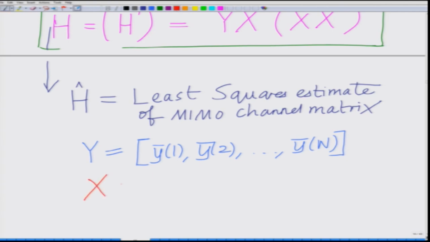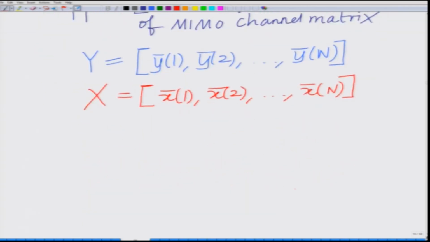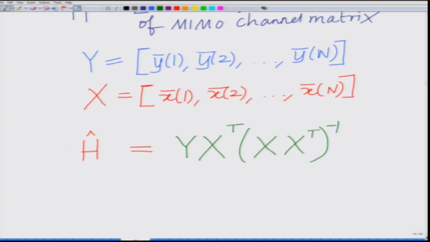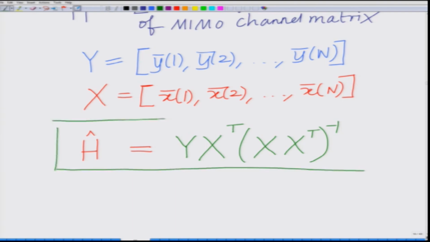I have x, which is basically the matrix of pilot vectors, that is x bar 1, x bar 2, so on up to x bar n, and h hat, the least squares estimate, or basically also the maximum likelihood estimate, is therefore equal to y x transpose times x x transpose inverse. This is the estimate of the MIMO channel matrix.